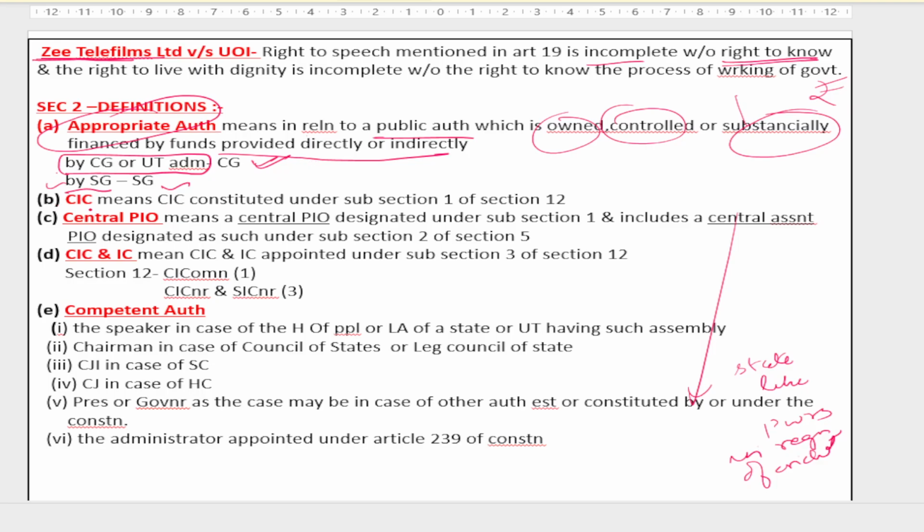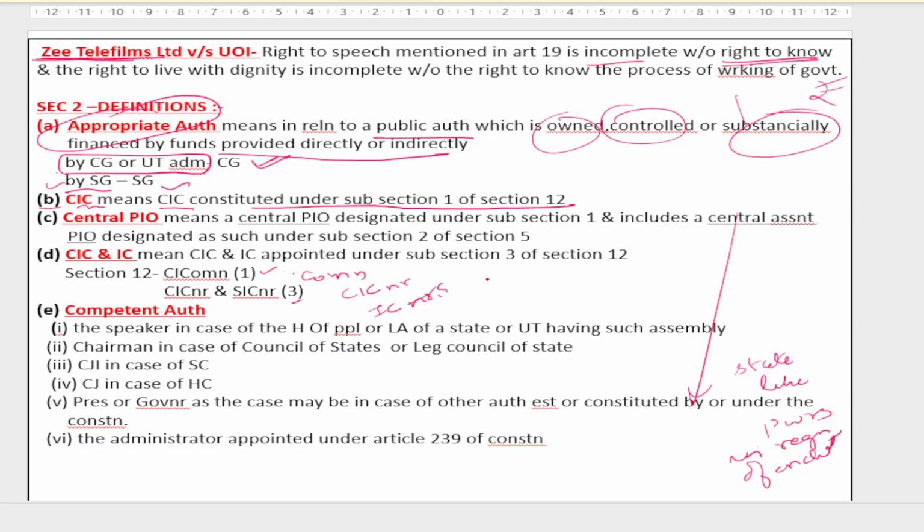Now subclause (b) says Central Information Commission means the Central Information Commission constituted under subsection 1 of Section 12. You already studied that Section 12 subsection 1 covers the Central Information Commission, and Section 12 subsection 3 covers the Chief Information Commissioner and the other information commissioners at the central level.